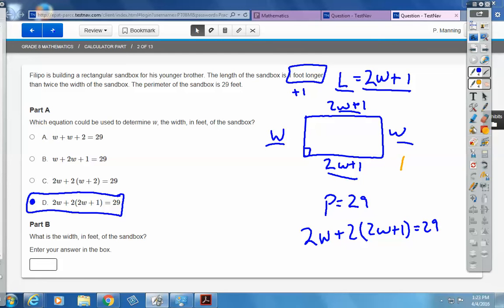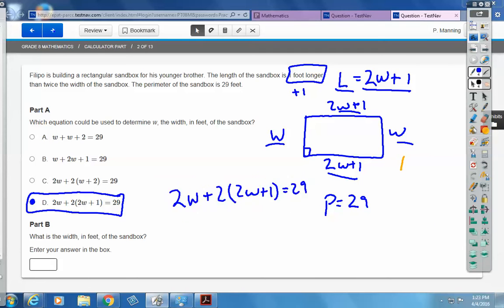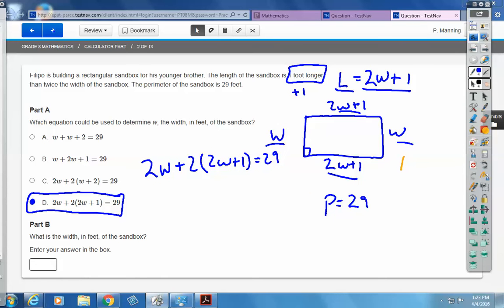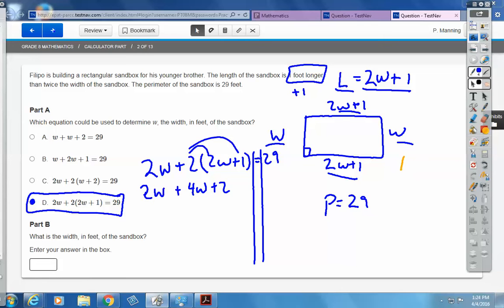And then what is the width in feet of the sandbox? At this point, all I have to do is solve this expression. I'm going to move it over where I have more room. The first thing I'm going to do is distribute the 2. So 2 times 2w is 4w, 2 times 1 is 2, plus my 2w, and that's all equal to 29.